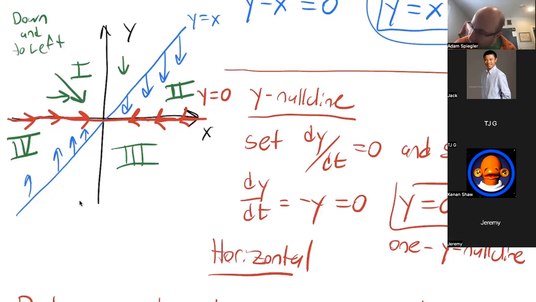Excuse me, I said down and to the left, but these are pointing to the right, aren't they? Sorry. So all of these vectors point down and to the right in region 1. In region 2, they're pointing down and to the left. So all of these vectors would look like this. In region 3, they're now pointing up over here and to the left over here. So these all point up and to the left. And in region 4, it's up and to the right.